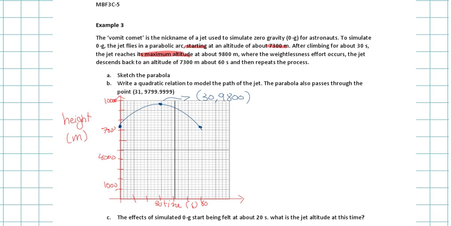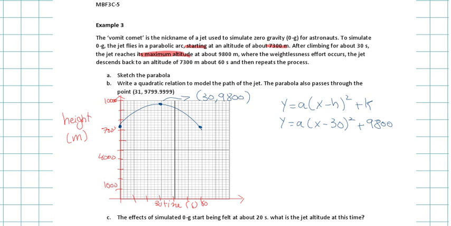So y equals a(x minus h) squared plus k. What do I know and what do I replace? I know the vertex, which is h and k, so I'm going to replace the vertex in for h and k. What else do I know?